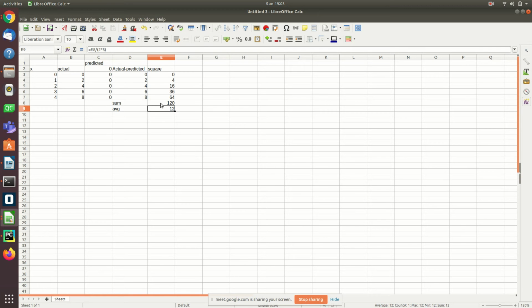Why it is done, I'll explain to you. Average is always divided by the number of observations, but here it is divided by twice the number of observations. Why it is done, we will see later.